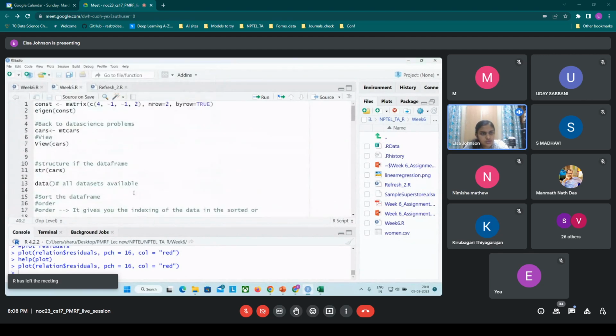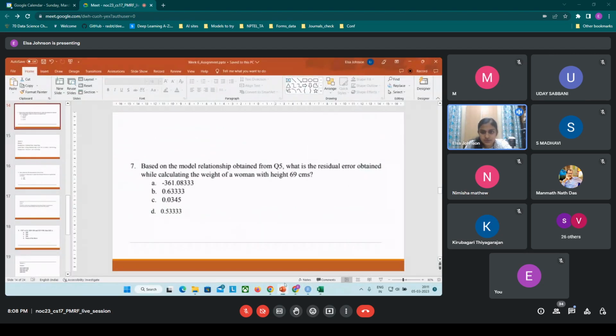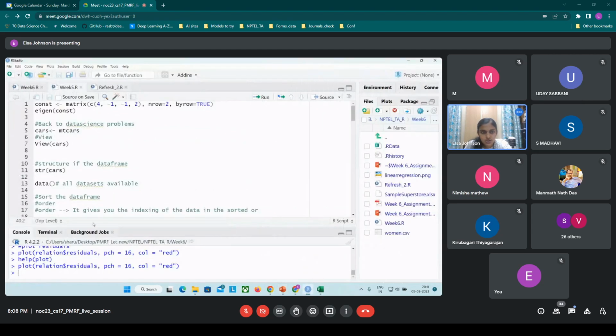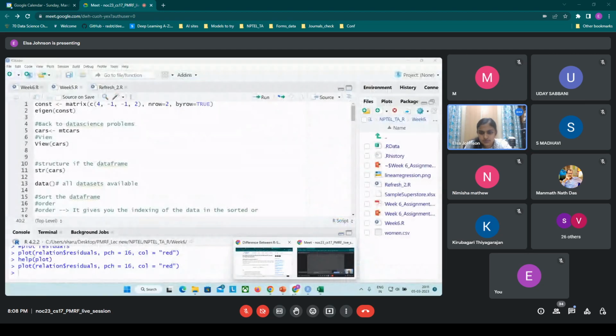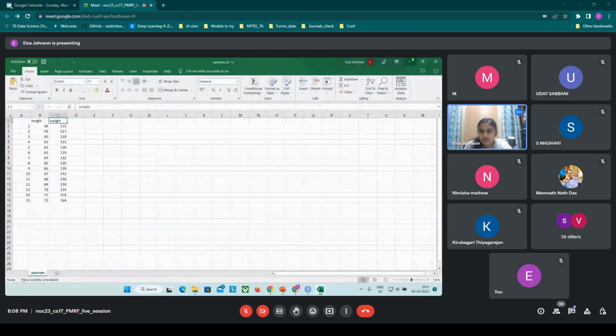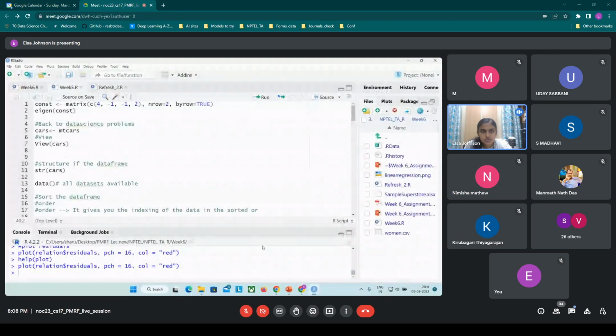I had stopped with something in week 5 and didn't complete it, so I'll be taking that now. So we will have a refresher of the things in R.